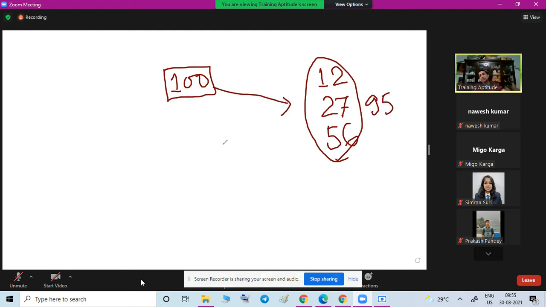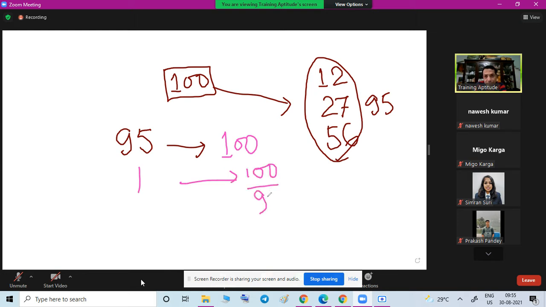Now please understand the unitary method here. Simple. If my income is 95, then what was my principal? 100. But if it is 1 rupee, then this will be 100 upon 95. And if it is 11,400, now I'm explaining it, that's why this is looking so cumbersome.